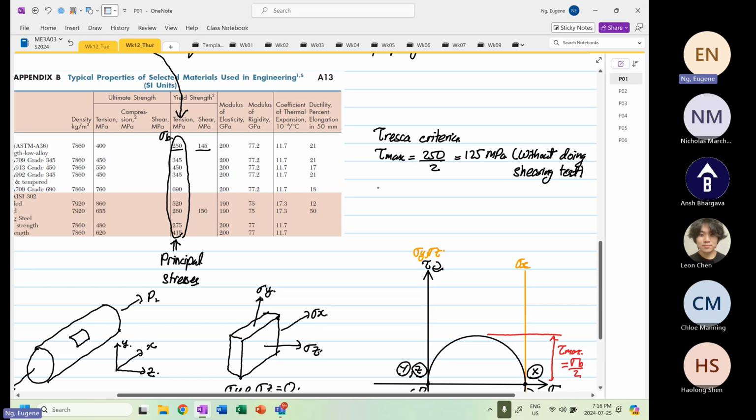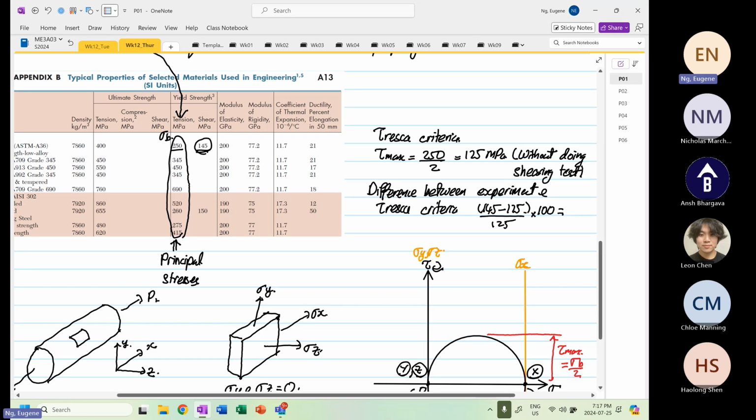So if you see down here, the difference between the experiment and the Tresca criteria is basically 145 minus 125 divided by 125 times 100.